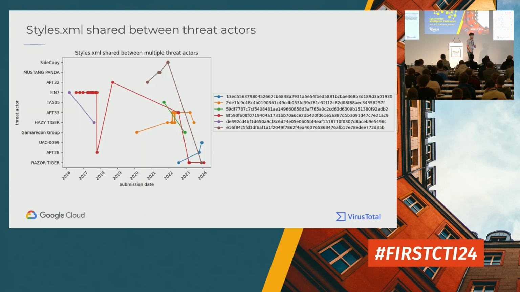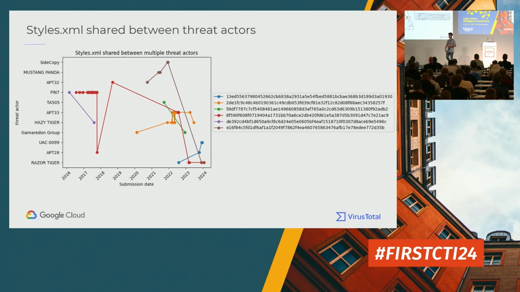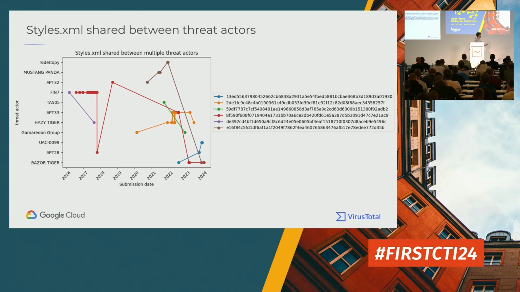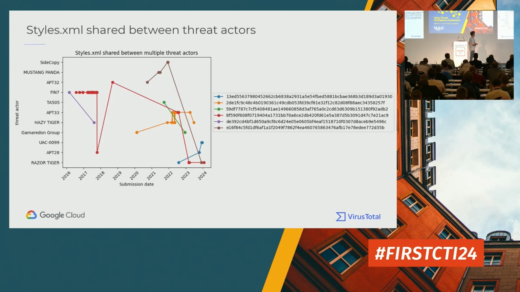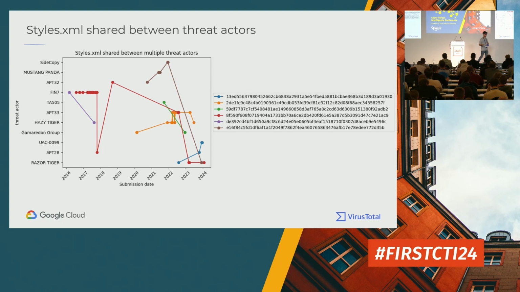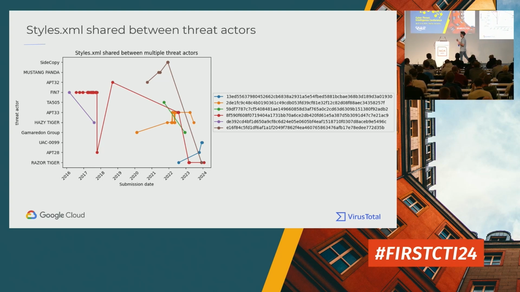Cool. The other question that I asked myself was, okay, are there some styles files that were shared by different threat actors at some moment in time? And the question was answered as yes. There were some threat actors that were using exactly the same styles file within their Word documents.